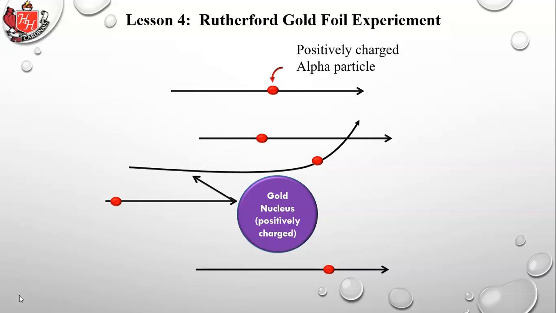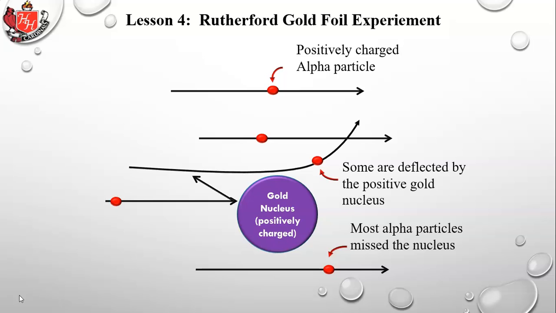So if you imagine this is a close-up of what Rutherford was doing. There's a positively charged alpha particle. That one is not going near a nucleus, it's just going to fly straight through. Same with the one on the bottom. Most of them are going to miss the nucleus. Occasionally one will get close to the nucleus.